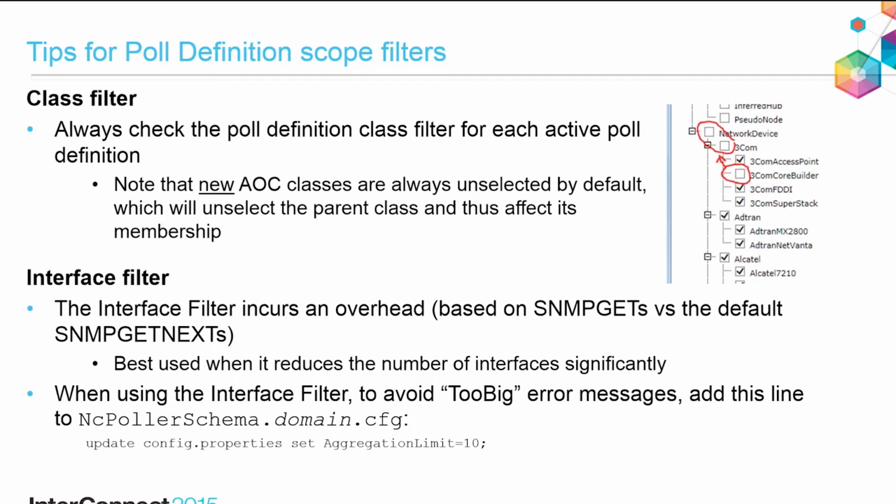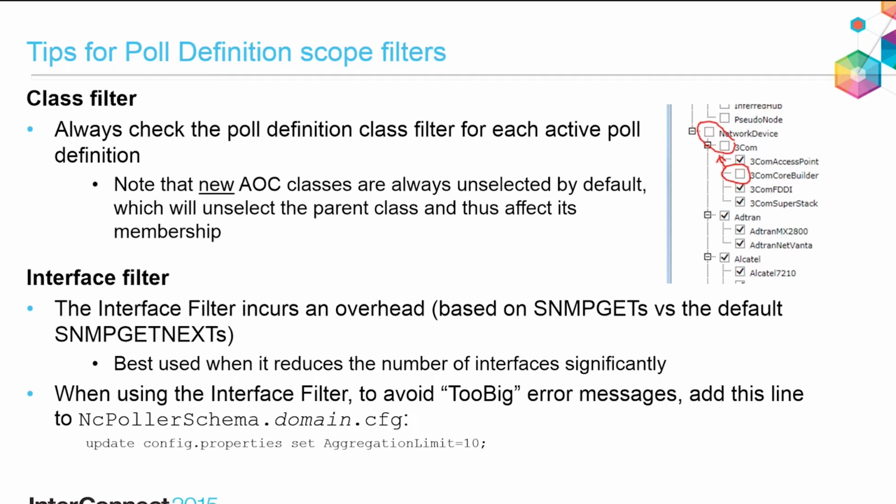So if devices, for instance, don't match any device class, classes like Cisco, 3Com, Adtran, and so on, by default they'll get dumped into the network device class. You're probably familiar with that. They will suddenly stop getting polled. Same with the 3Com parent.